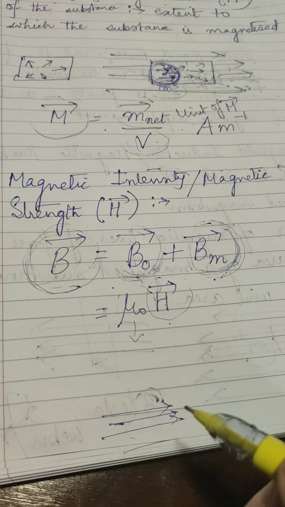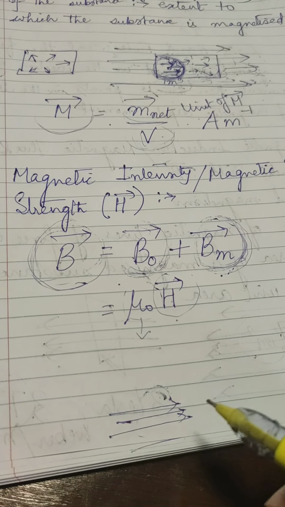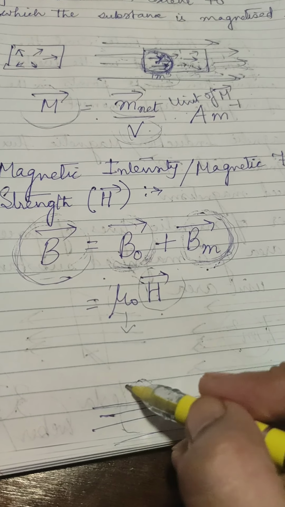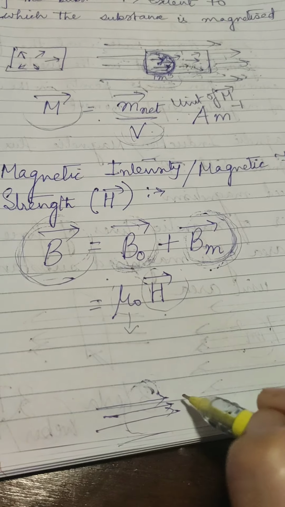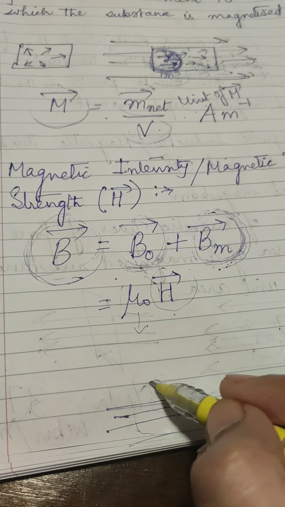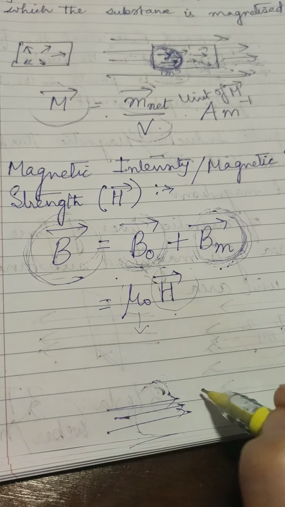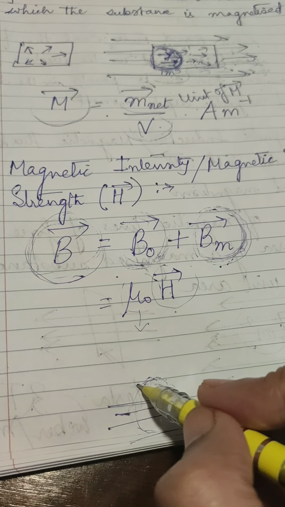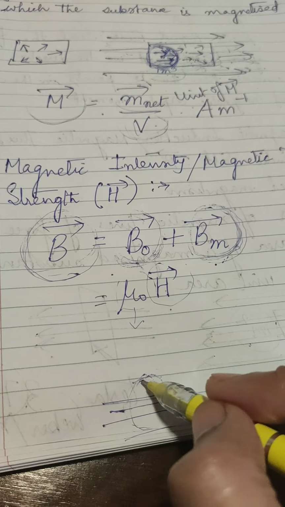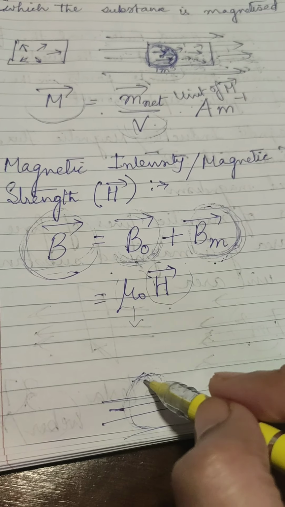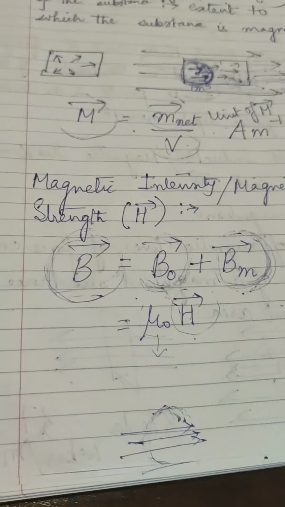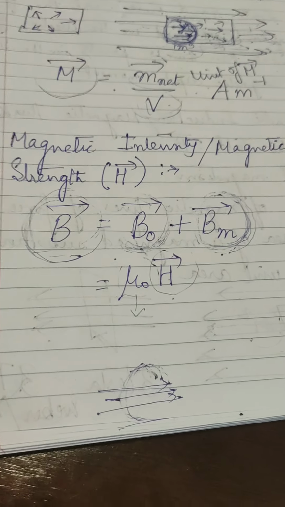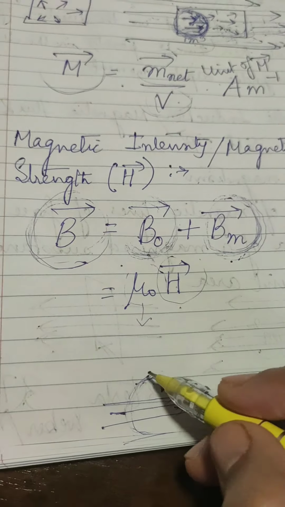It means how many lines of force the vacuum will allow to pass through it. This is a measure of the conduction of the magnetic lines of force through vacuum, when there is a magnetic field.